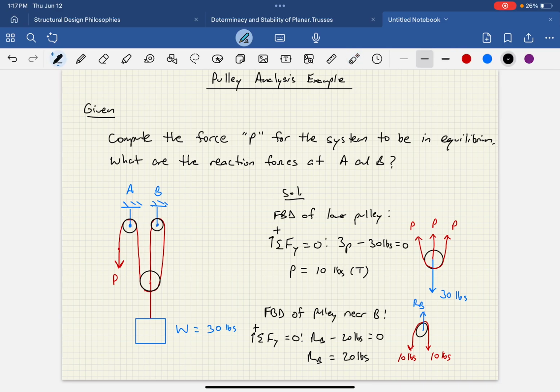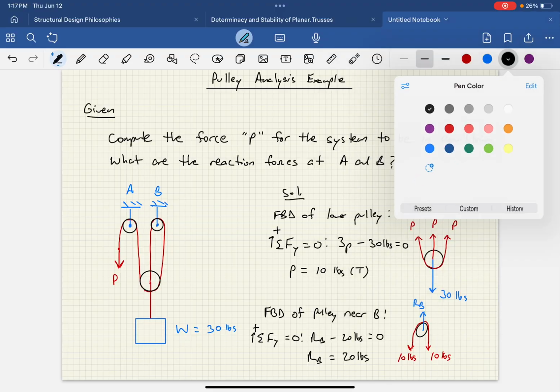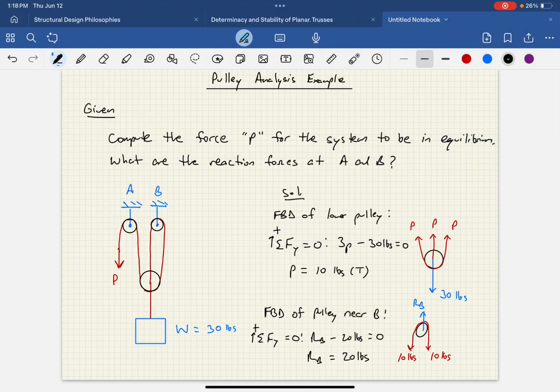And so I'm going to say similarly, RA is also 20 pounds. And that's going to be the conclusion of my answer, right? I've got P is 10 pounds, RB is 20 pounds, RA is 20 pounds. And again, I didn't show my work for RA, but you follow along and you do it the same way. I encourage you to show your work for RA just to practice for yourself.